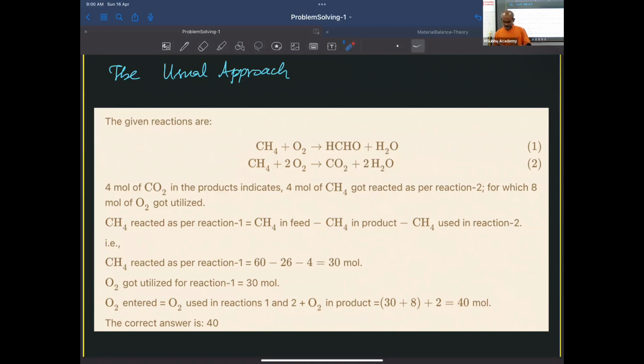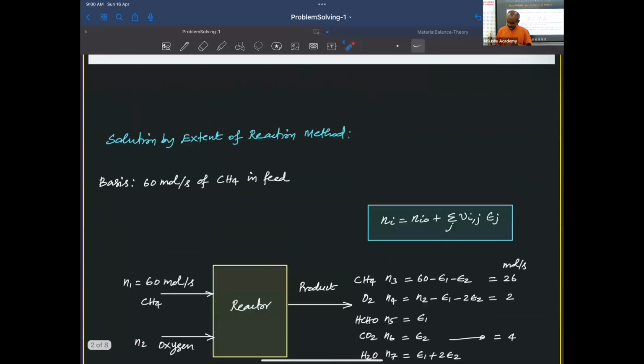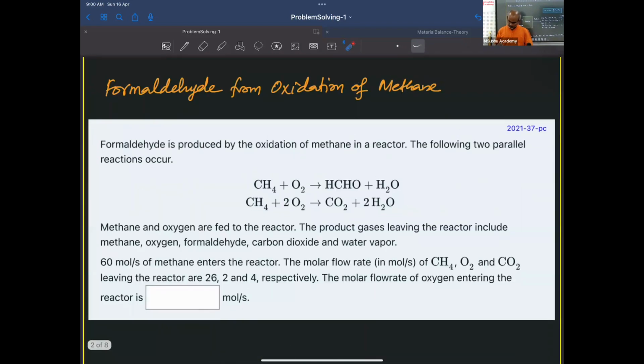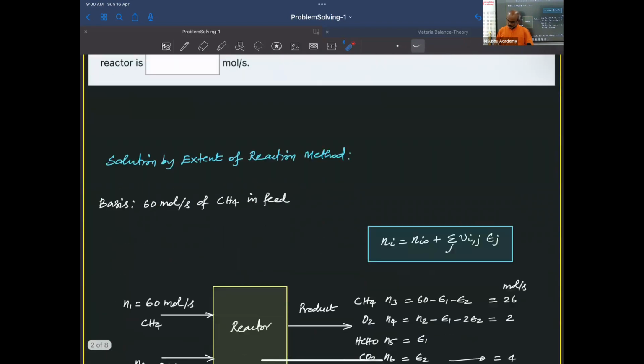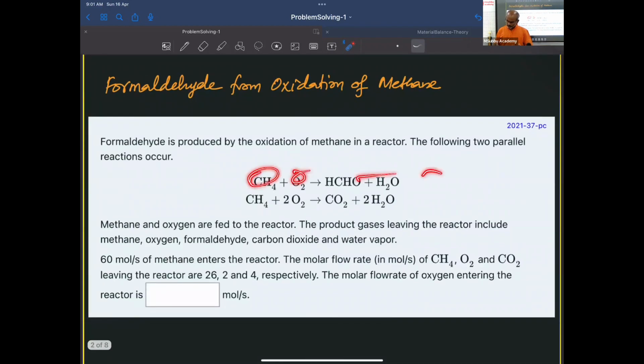Of course, this is also doable, but we should properly use our logic. This logic again differs for different persons, whereas this approach, what is called the extent of reaction, is very straightforward. What are the components possible in the product? Every component will be there in the product in the case of incomplete reactions, so you write every component in the product.